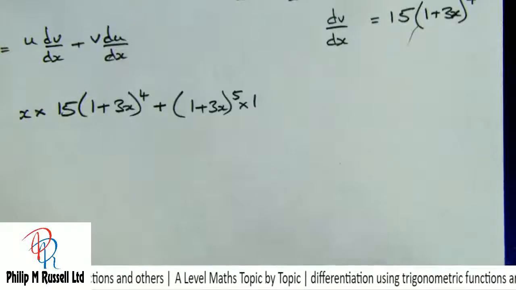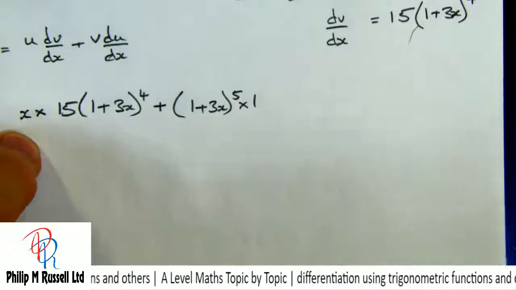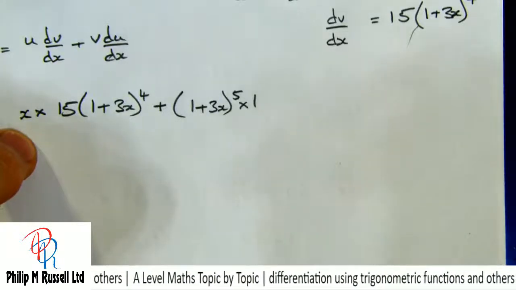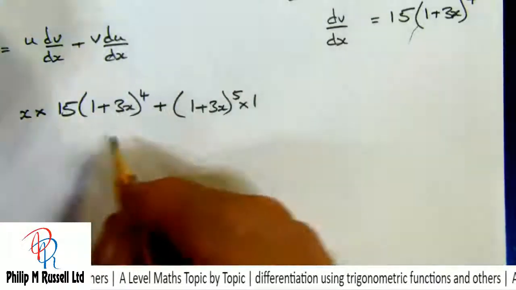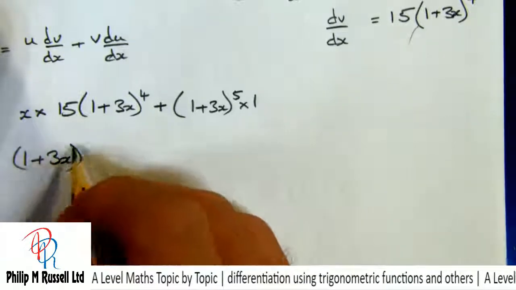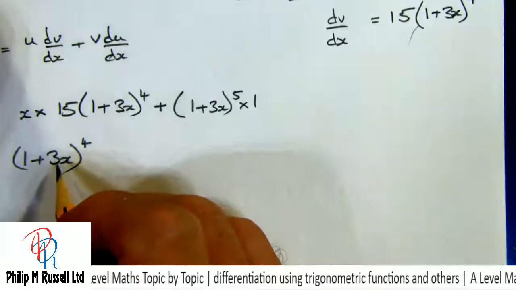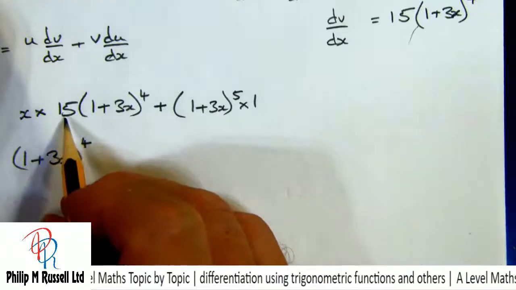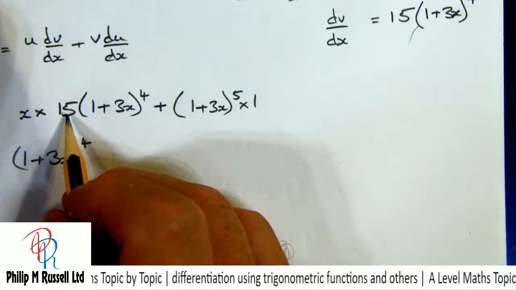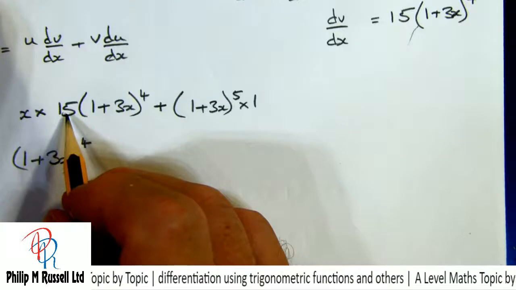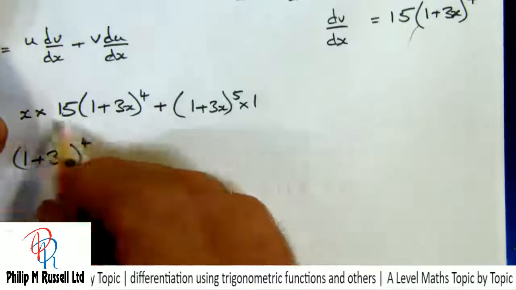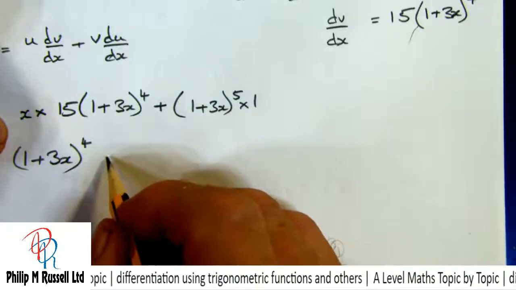So the hard bit then comes with trying to sort all this mess out, and what I've got is 1 plus 3x to the 4, and what I'm left with is 15x. So we've got that one.